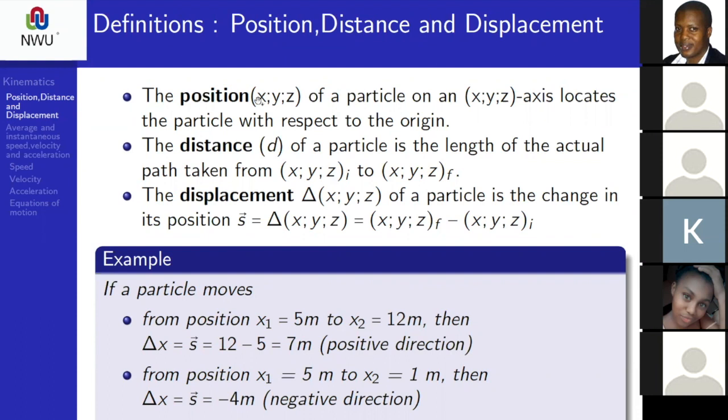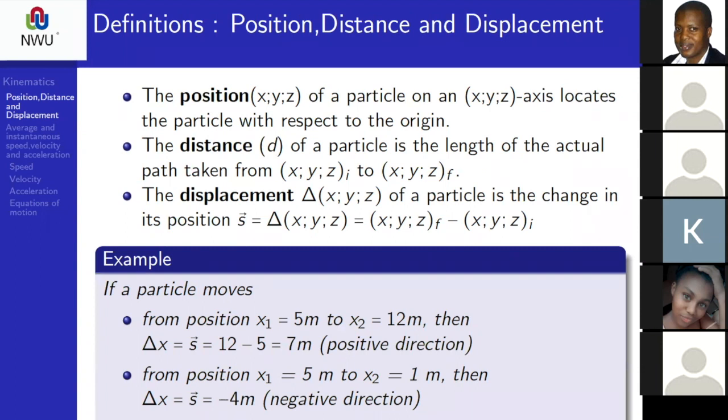So if you think of an X, Y, Z axis, a position will be a point, just a dot in that X, Y plane. If it's 2, 3, 4, it means it's 2 units from the origin in the X direction, and then 3 units from the origin into the Y axis, and then 4 units from the origin into the Z axis. Now, how different is position from distance?